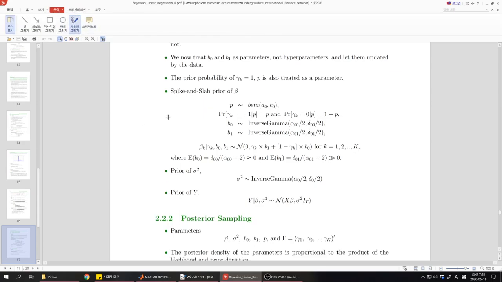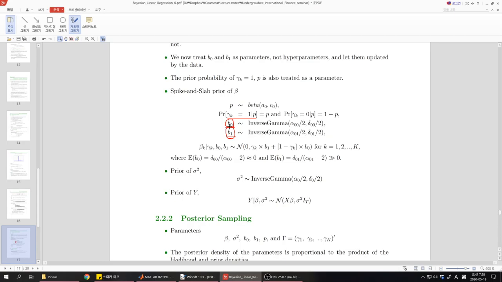And now we are sampling B0 and B1. B0 is the prior variance of beta when gamma K equals 0, or when Sk is not important, and B1 is the prior variance of beta when gamma K equals 1, or when Sk is important.